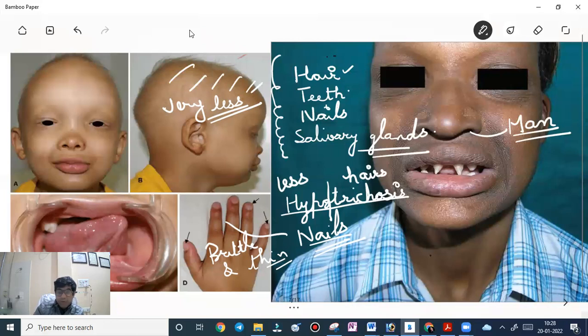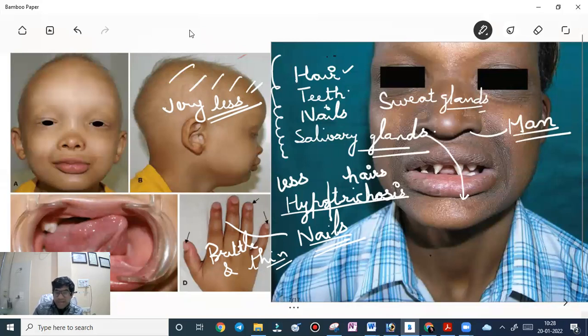The second thing you would like to know is what will be the effect on the salivary glands or sweat glands. Either they will be less or they will be absent.